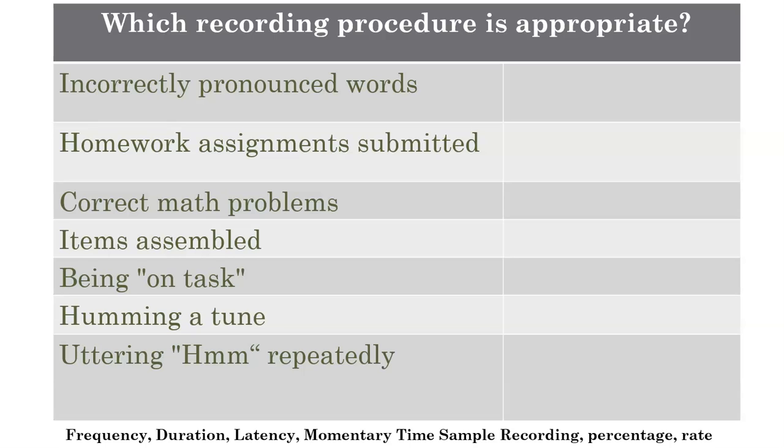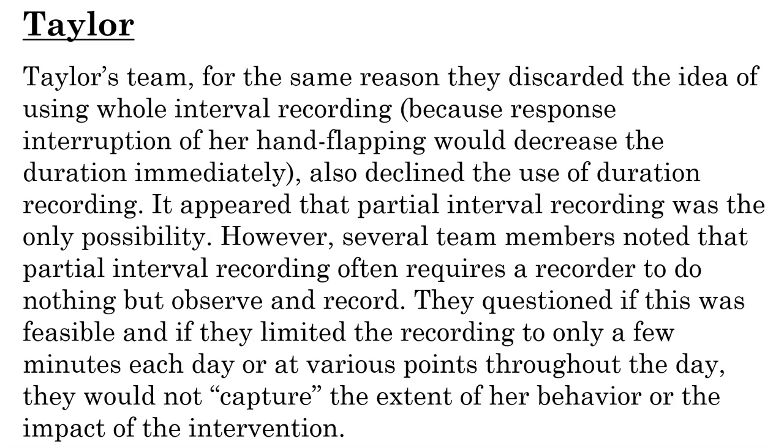But uttering repeatedly would probably be too much to count for frequency. Duration could work, but if they are a short duration, it could be difficult. So maybe momentary time sampling would be the most convenient and representative.